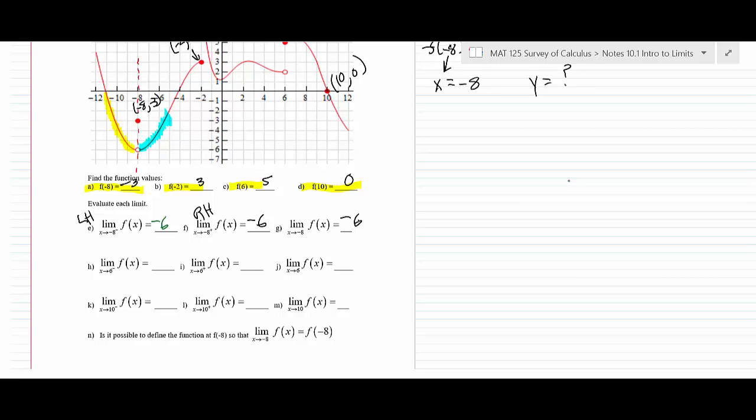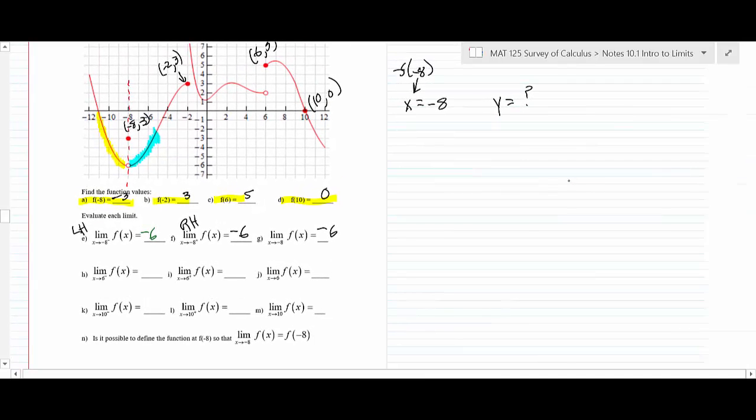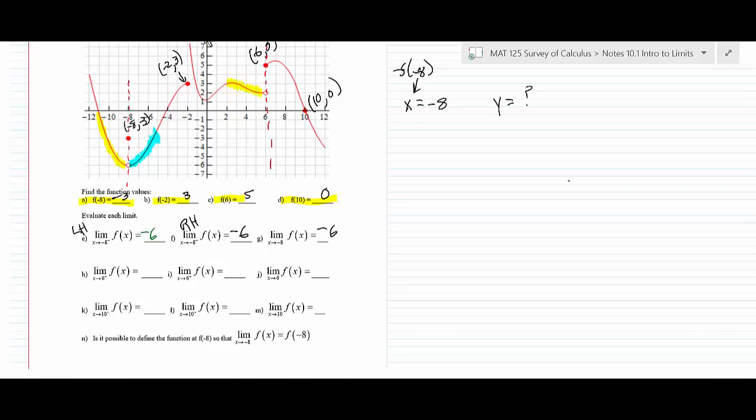Let's go to 6. So now we're going to look at the limit as x goes to 6. So I'll put a vertical line through at 6 like that. Left-hand limit. Where's the left-hand limit go? 2. It's going towards the y value of 2. So you have a left-hand limit going to 2. How about the right-hand limit?